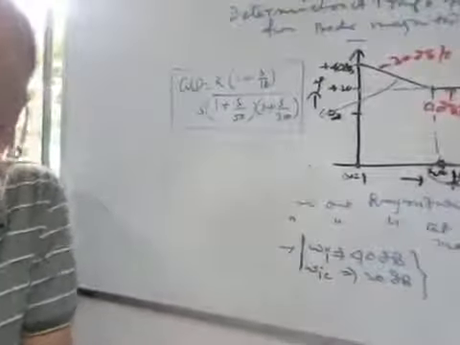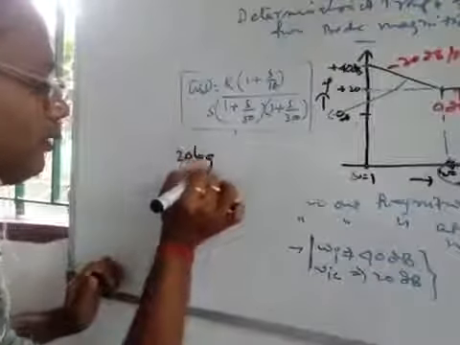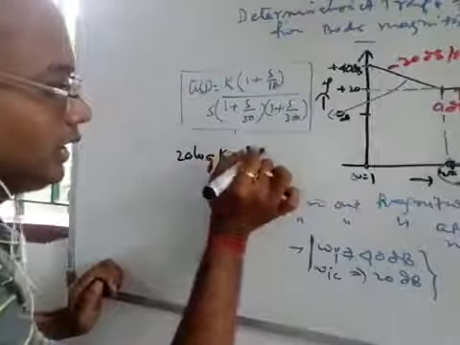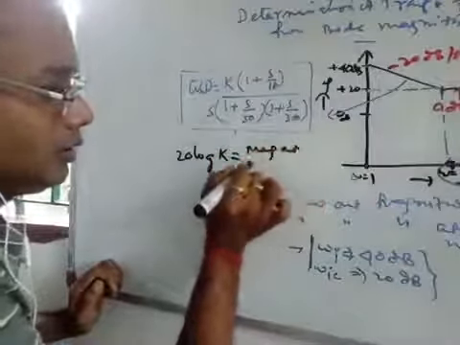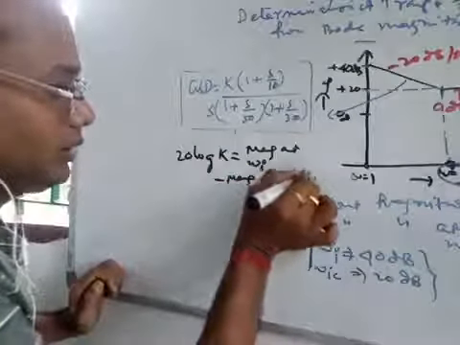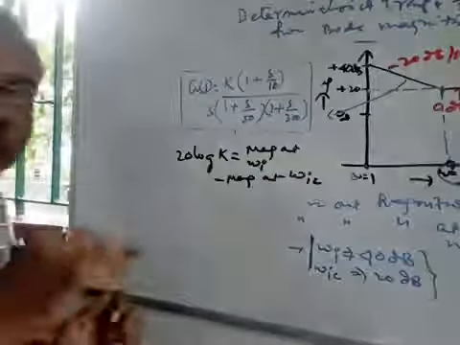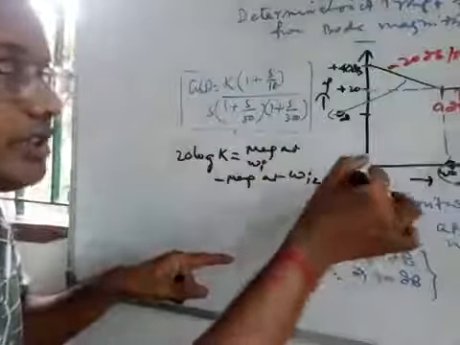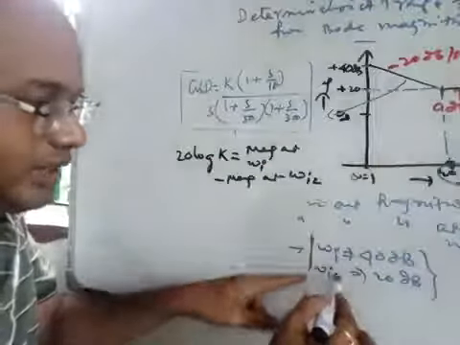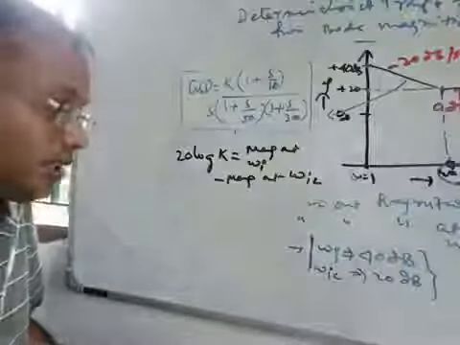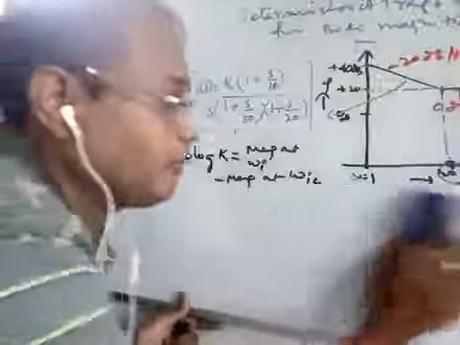See, this is your 20 log K is equal to magnitude at omega I minus magnitude at omega IC. So 20 log K is equal to the magnitude at omega I, that means the initial frequency, minus the magnitude at omega IC, the immediate next corner frequency, 20 dB. Here according to this procedure you just put these values there, 40 minus 20.